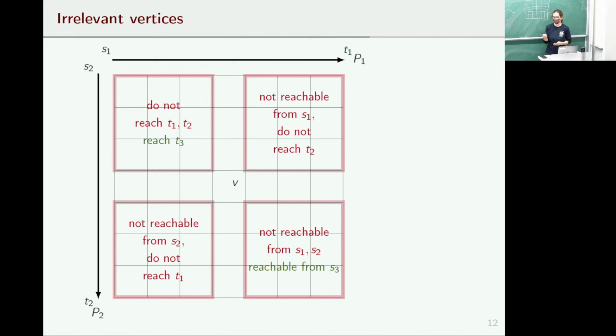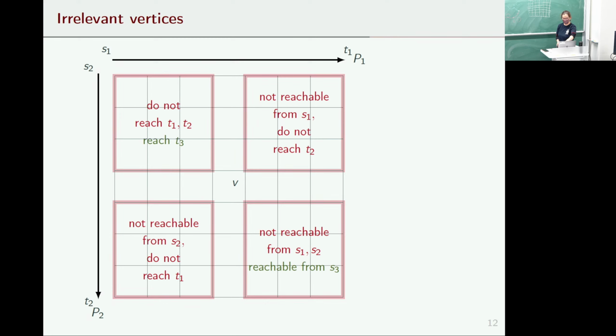And now it comes into play that we said, okay, if you have a solution, it's shadowless. So I know everything kind of still reaches a target. Everything still is reachable from some source. So as I'm in the beginning, in the top left quadrant, on vertices that lie along a path that is reachable from S1 and reachable from S2, because they lie on both of these paths, I know that it cannot be that it doesn't reach T1 and T2 because we have this solution, otherwise I get a path that is left over.